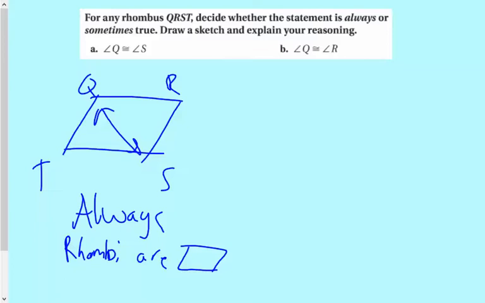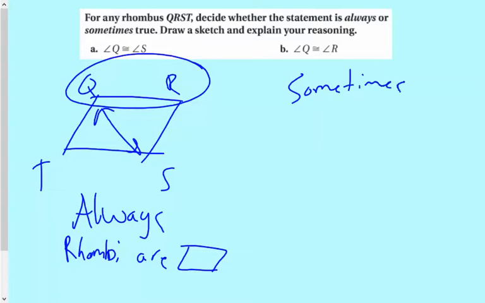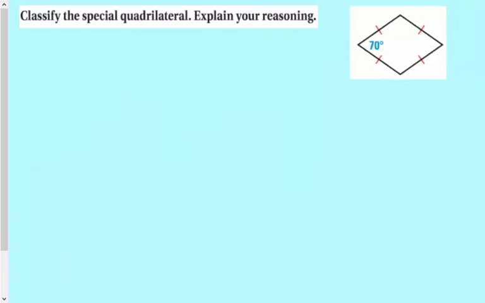Okay, then let's take a look at Q and R. So when are Q and R going to be the same? That'll be sometimes, and only if both are 90 degrees. So very rarely, but it could happen, and then it just basically becomes a square. Classify the special quadrilateral.